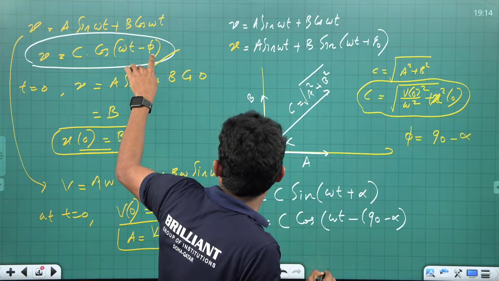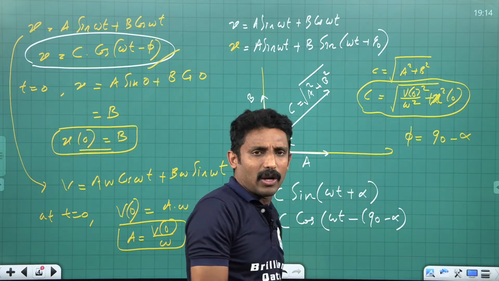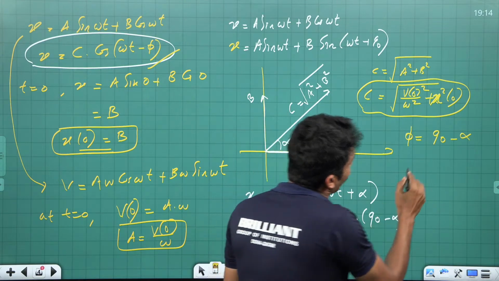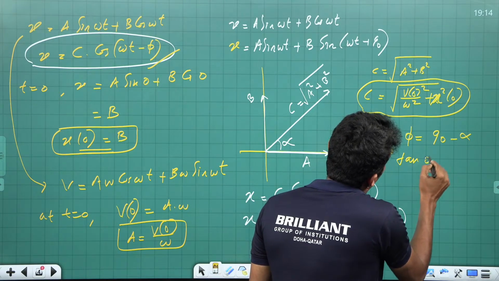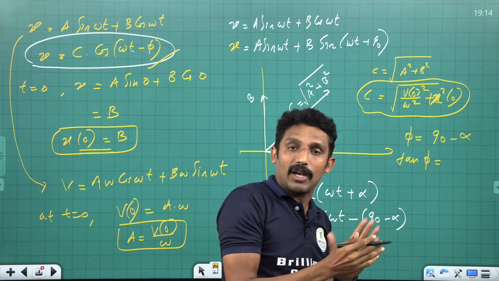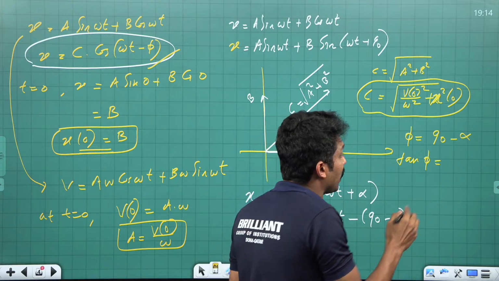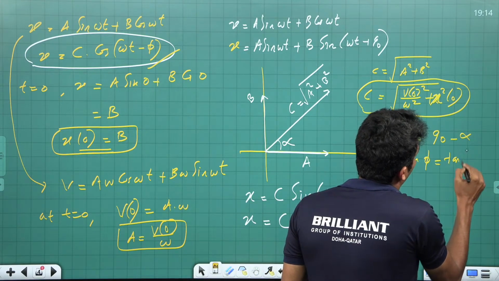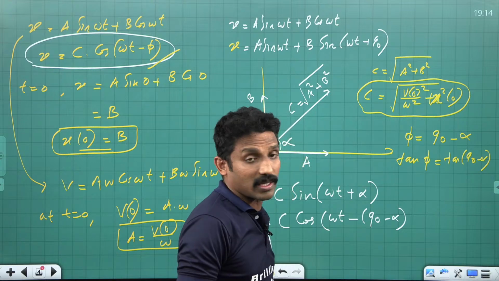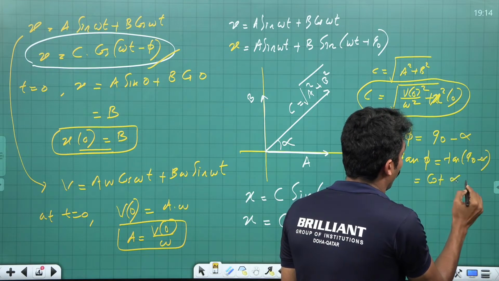Now we can take tan phi, then we will get tan inverse of something as the phi value. What is tan phi? It is tan of 90 minus alpha, which is cot alpha, isn't it?